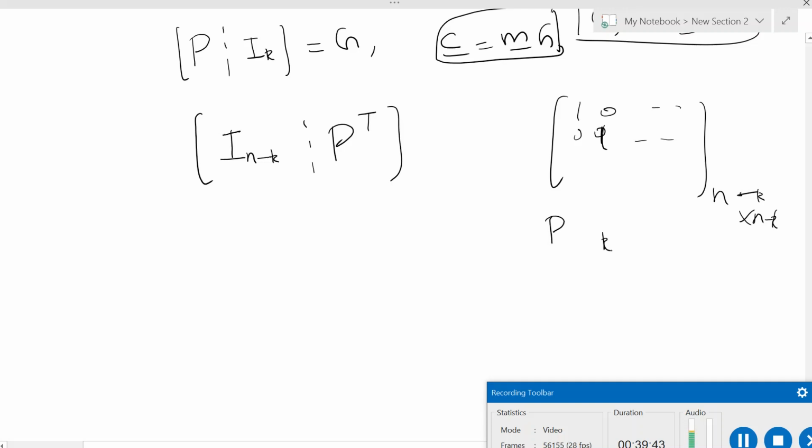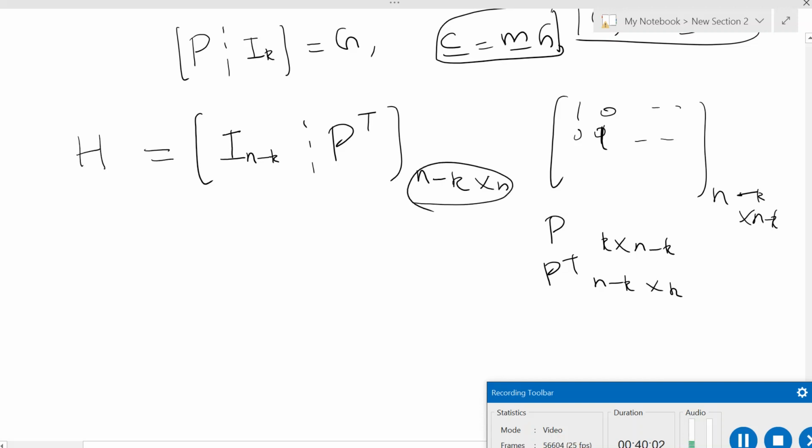P was a k cross n minus k matrix, so P transpose is an n minus k cross k matrix. If you combine the two matrices in this way, this will be an n minus k by n matrix. This is given another symbol H, and we call this matrix the parity check matrix, for reasons which you will see soon.